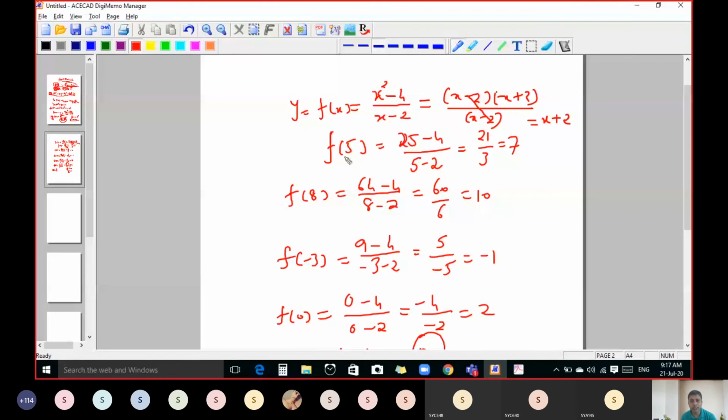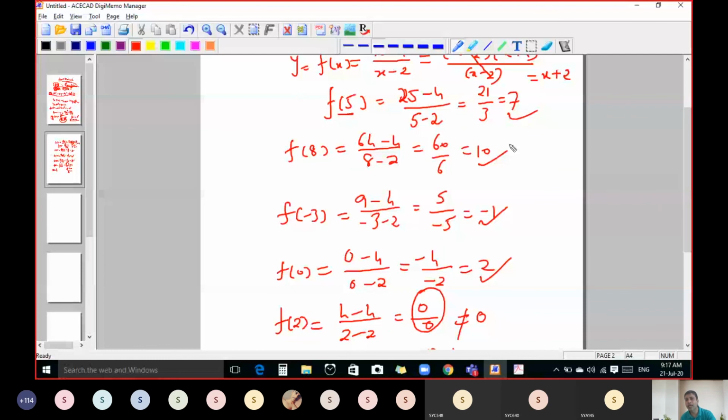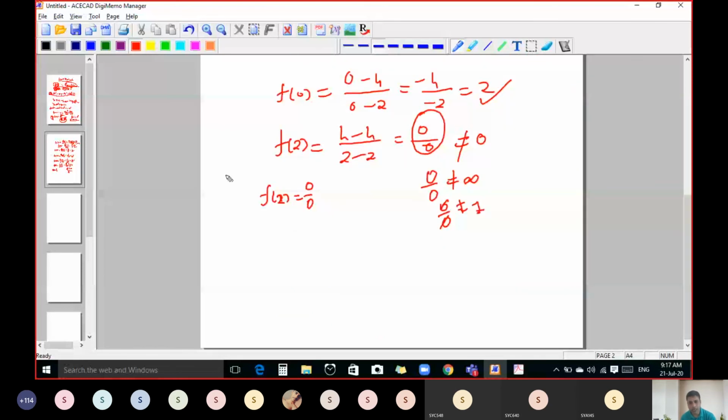So if we put x equal to 5, we get directly 5 plus 2, 7. If we put x equal to 8, we get 8 plus 2, 10. If we put x equal to minus 3, we get minus 3 plus 2, minus 1. If we put 0, we get 0 plus 2, that is 2. So if we put 2, we get 2 plus 2, 4. So we can say that f of 2 equal to 4.